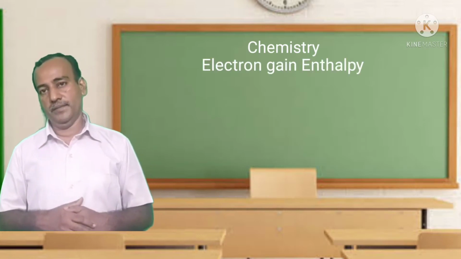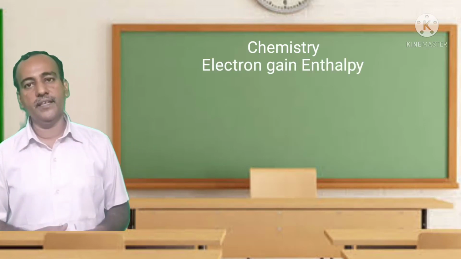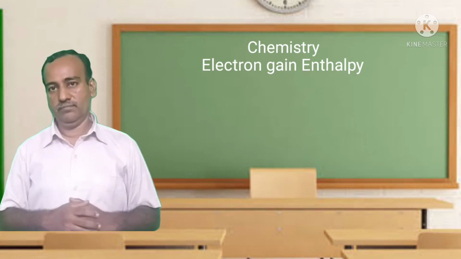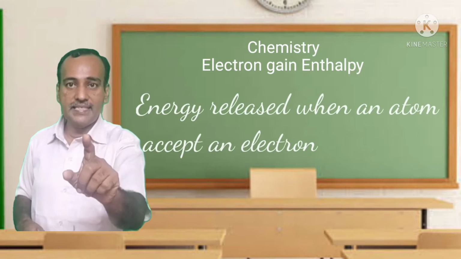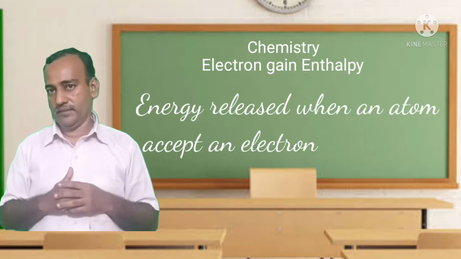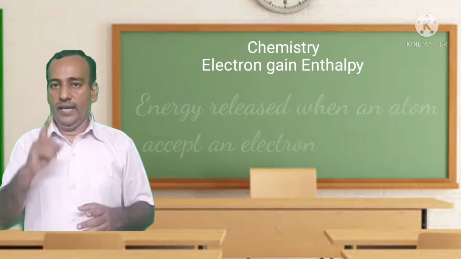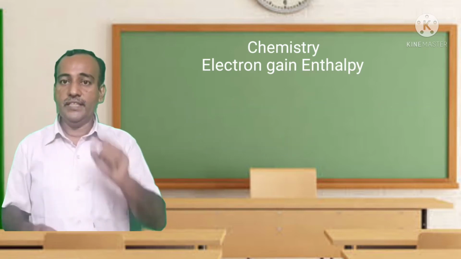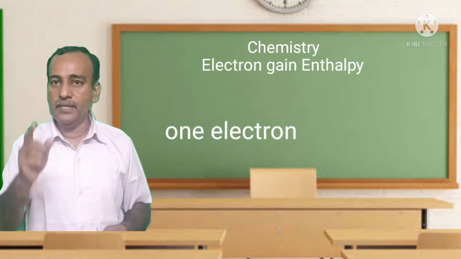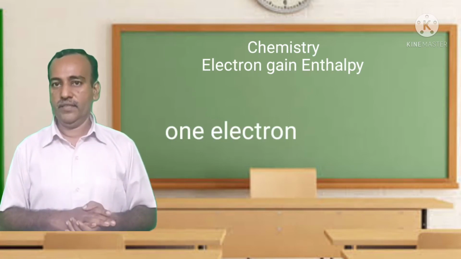Electron gain enthalpy. What do you mean by electron gain enthalpy? Tendency to accept an electron, or energy released when an electron is accepted. Halogens need only one electron to attain the nearby stable electronic configuration.